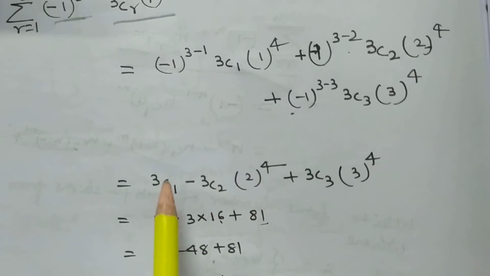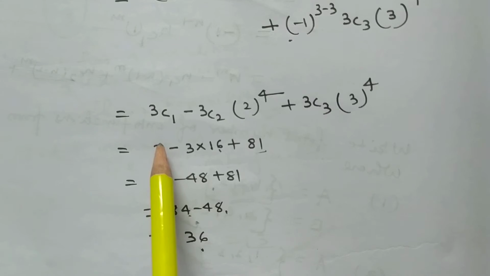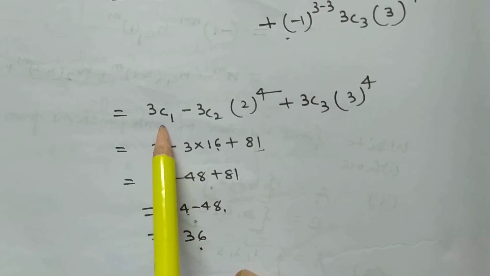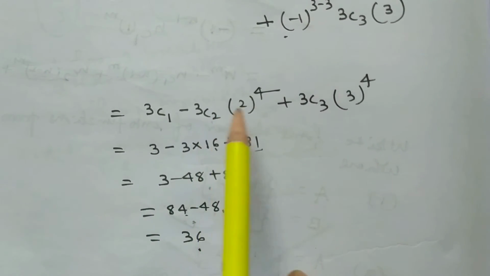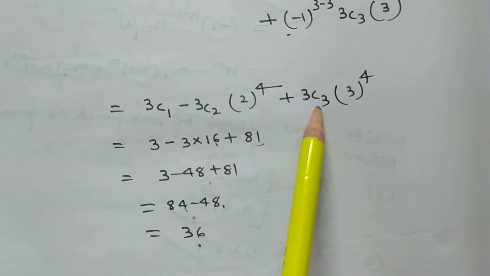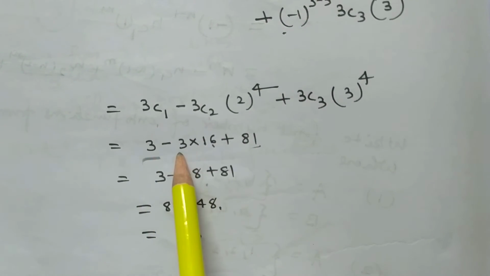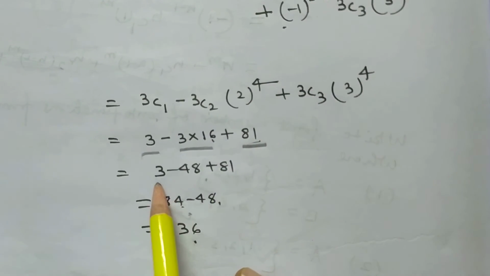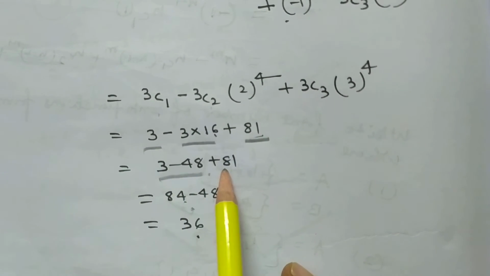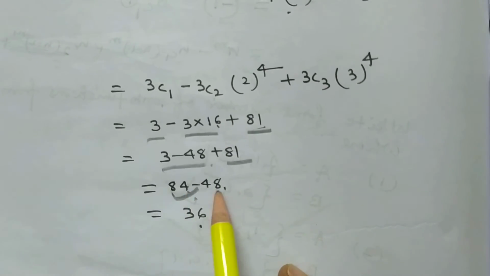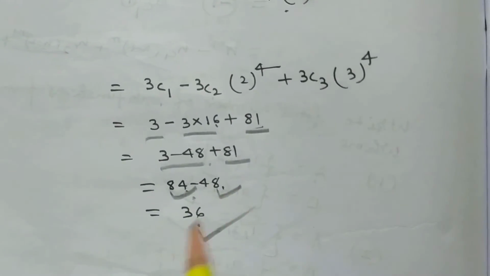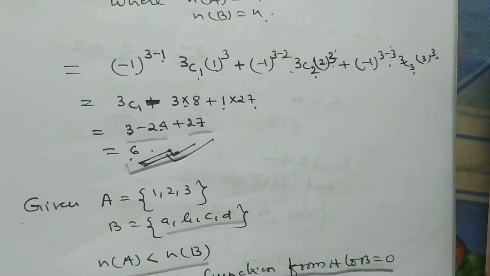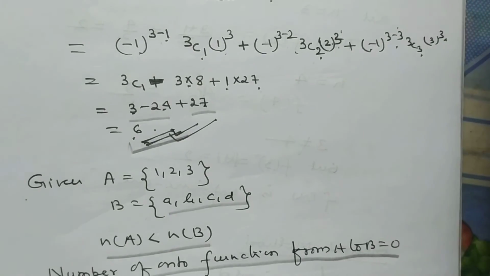So now, my dear colleagues, it will be 3C1 minus 3C2 plus 3C3. So it will be 3 minus 3 into 16 plus 81, 3 minus 48 plus 81, that is 84 minus 48, 36.